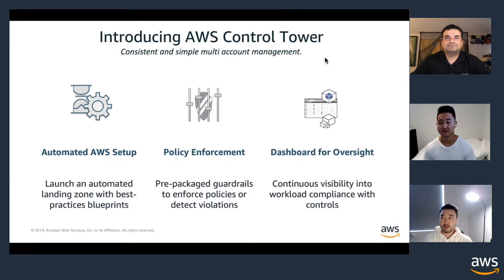AWS Control Tower is a service we have here at AWS that exactly solves this multi-account approach problem, where it will launch what we call a landing zone, and I will cover that in a little bit, where you can basically set up your accounts automatically with the click of a button.